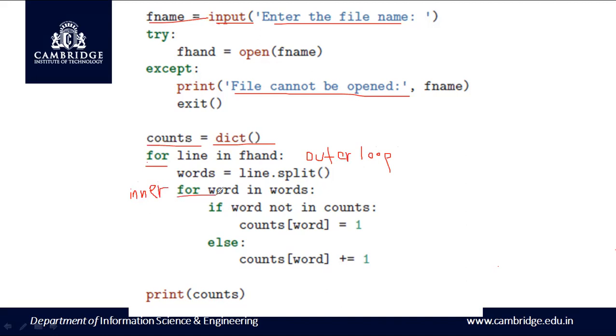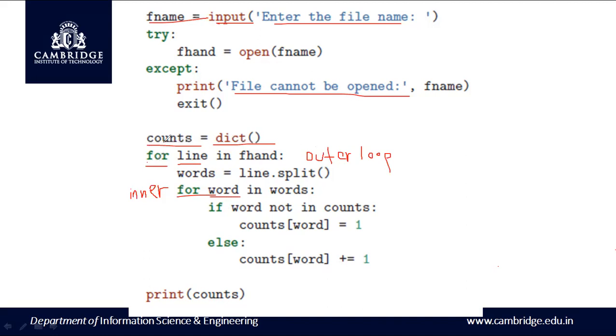The outer loop checks each and every line, so it traverses through the lines, whereas the inner loop traverses through the words in that particular line. That is what these two for loops are used for.